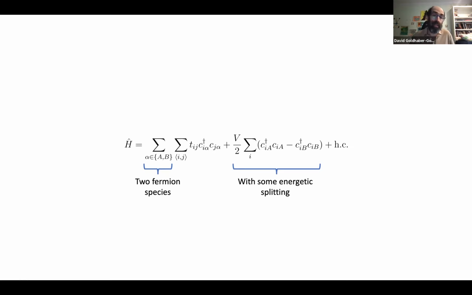And maybe this is a nice way to complete the circle. There was a question earlier from Danielle about whether our magnetic field was perpendicular or in the plane. All of these things are changing the hopping, the phases of the hopping, so it needs a perpendicular field. But now that we see this splitting between two species, you can ask, is that spins?